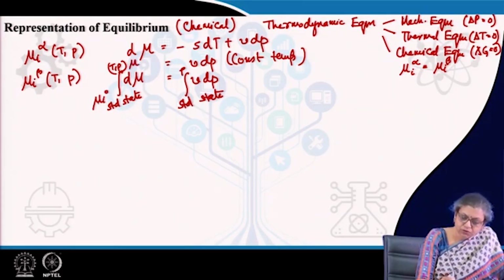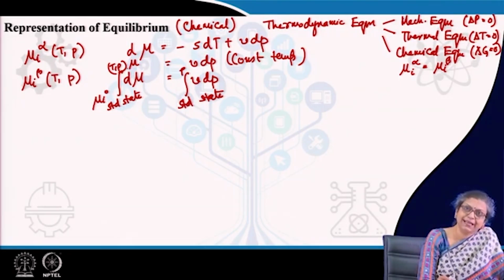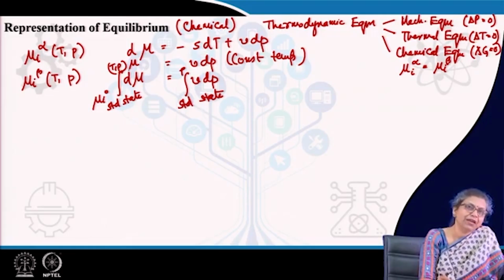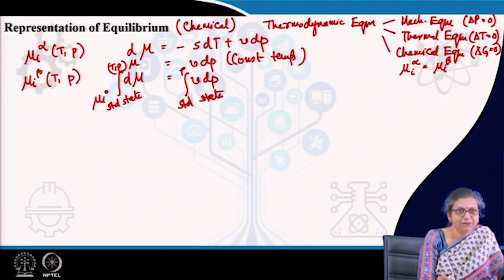So, we need to know mu I at some particular standard state, only with respect to that can we find mu under the conditions that we want. Now, this is one very important problem of thermodynamics: more than the equations, it is very difficult to understand that most of the equations which express properties in terms of measurable properties are differential equations or difference equations.